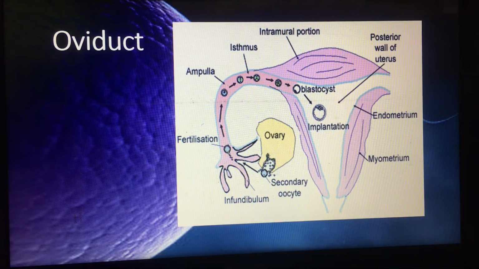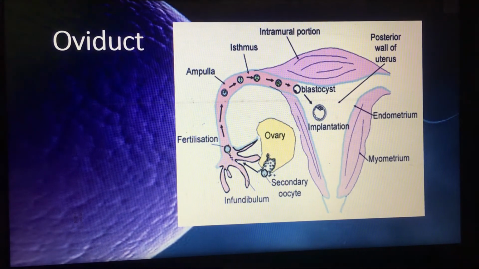The oviducts are lined with cilia, which beat and move the eggs towards the uterus. So inside the oviduct we have cilia. These cilia beat and move the eggs towards the uterus. So the two main functions of the oviduct are to carry the eggs from the ovary to the uterus, and also the male gametes called sperm meet the eggs in the oviduct.